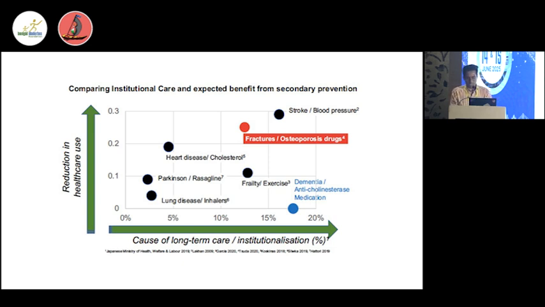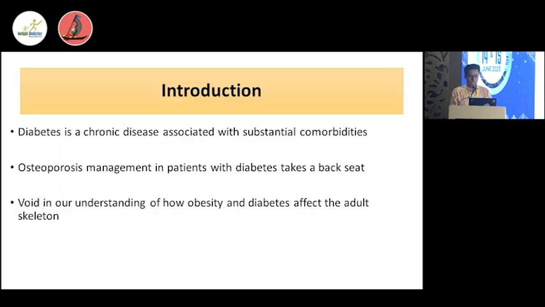Initially, look at Indian data, the ICMR India study from Dr. V. Mohan's team. With a total of around 54,000 subjects, they saw that diabetes was associated with a significantly higher number of fractures compared to pre-diabetes and no diabetes.